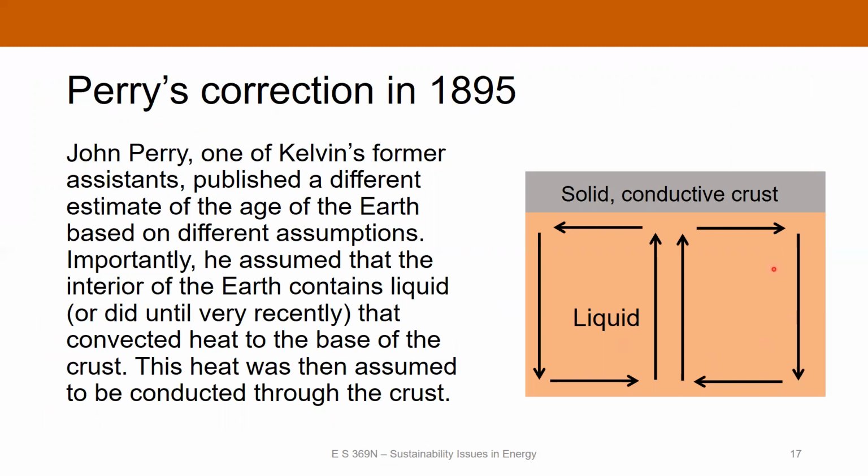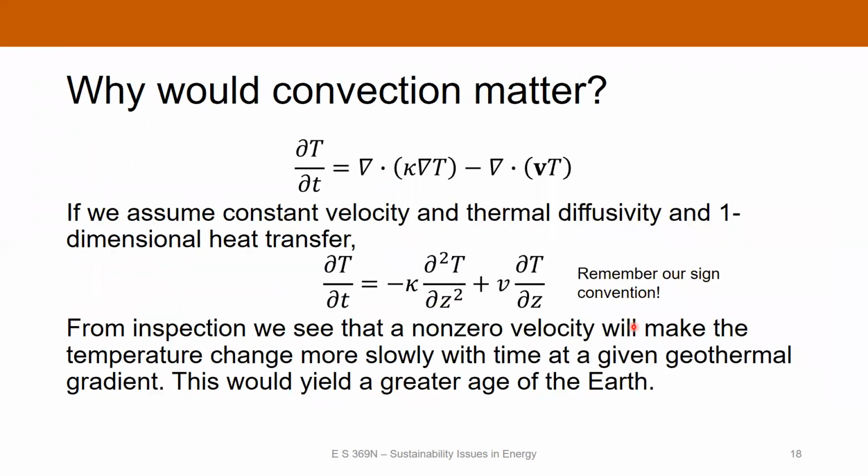So in Perry's assumption, you've got a solid conductive crust overlying a convecting liquid. Then you convect the heat up to the base of the crust, and then it gets conducted out to the surface. This is a highly simplified view of the interior of the Earth, but it's actually not that far off from what happens in the mantle to the best of our understanding now.